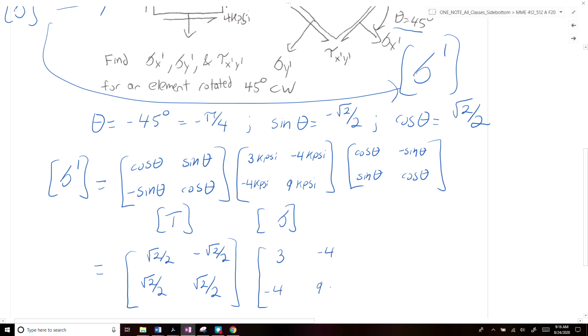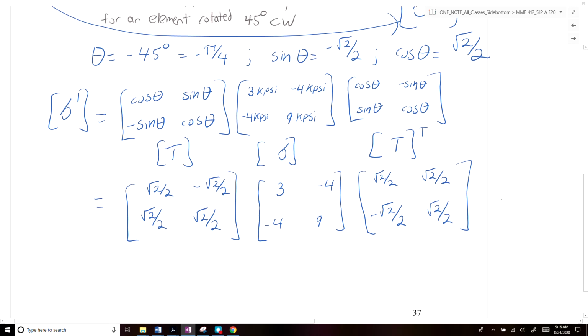The stress matrix is the same as we had before. And then we have the transpose of the transformation matrix: radical 2 over 2, radical 2 over 2 on the top row, and minus radical 2 over 2, radical 2 over 2 on the bottom row.